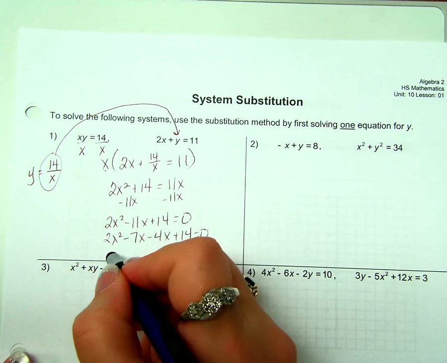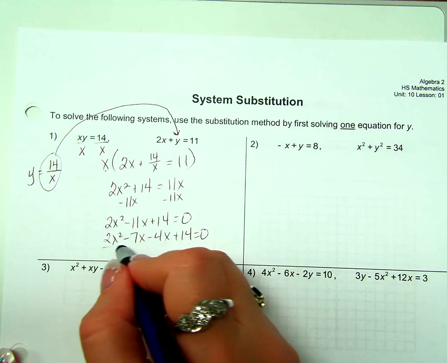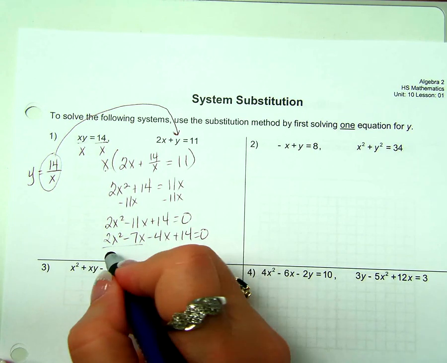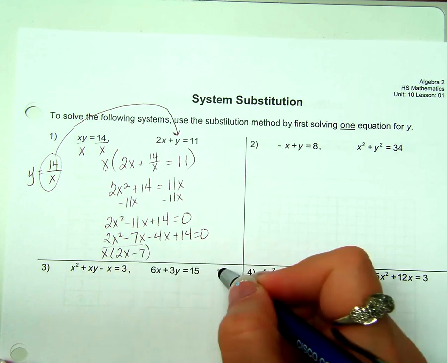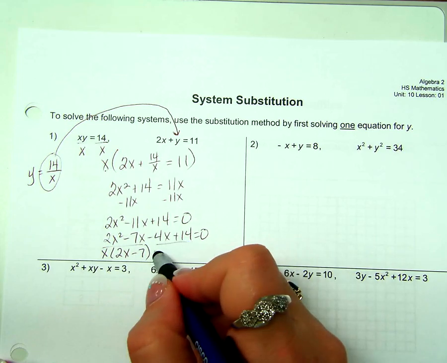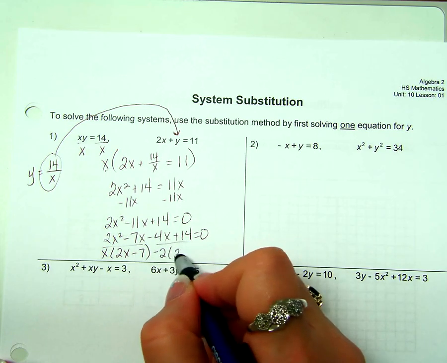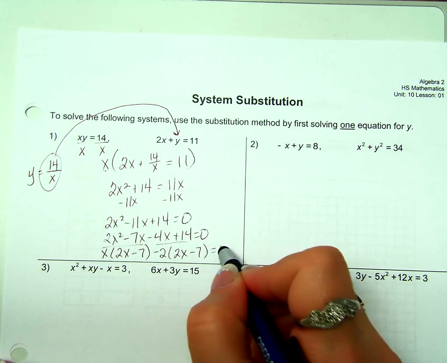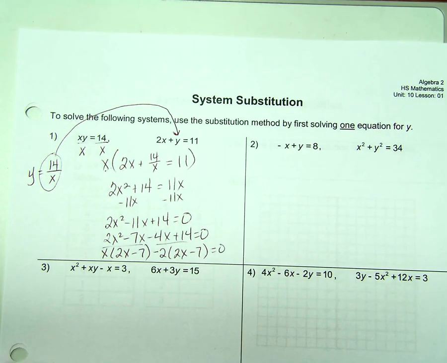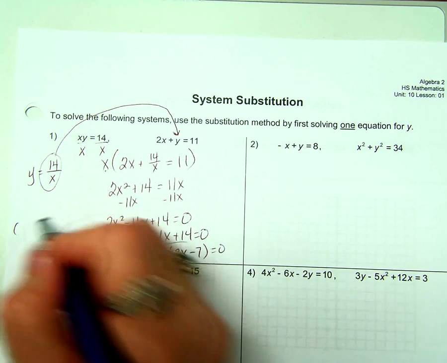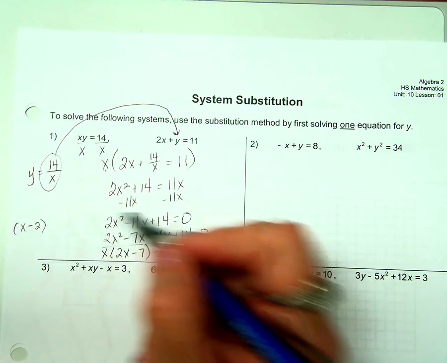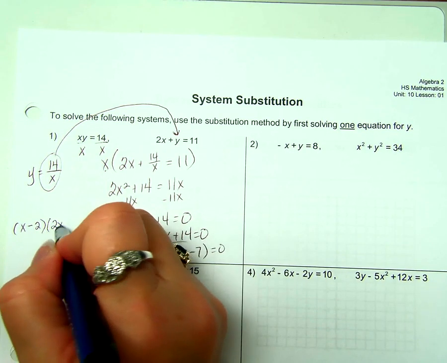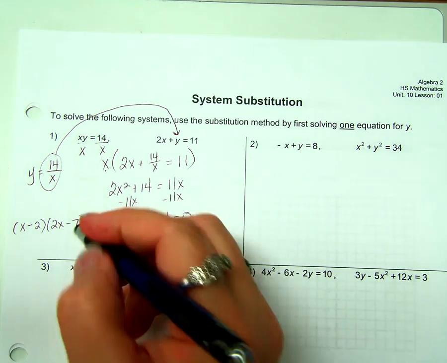So I'm going to end up with, just looking at the first two, remember factor by grouping now. I'm going to take out an x, and I'm going to end up with 2x minus 7. Here I'm going to take out a negative 2 and end up with 2x minus 7. So I'm going to get x minus 2, perfect, 2x minus 7.